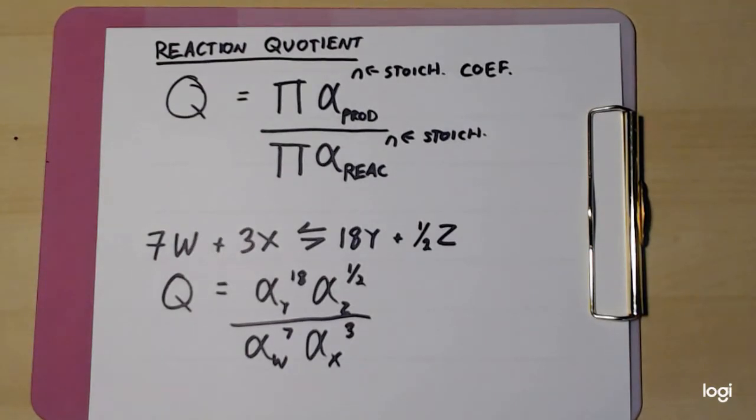Okay, so we can use this quotient in our Gibbs free energy formulas to then determine whether or not a reaction is going to be spontaneous at any concentration or any activity of the reactants and products in a chemical reaction.